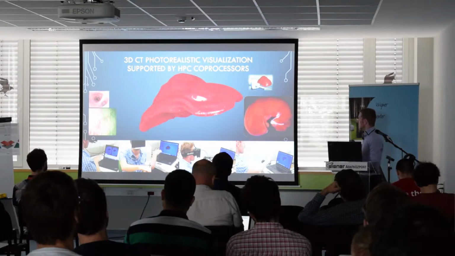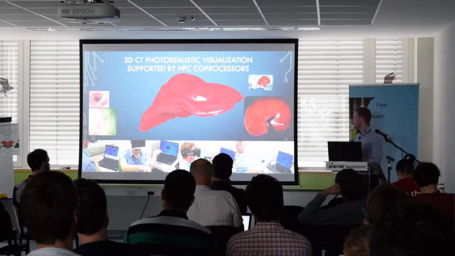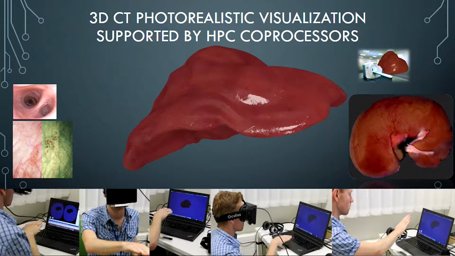Cancer can infect the liver, and if we remove part of it, the organ can reproduce itself. So if we detect it in time and make some operations, we can save lives.